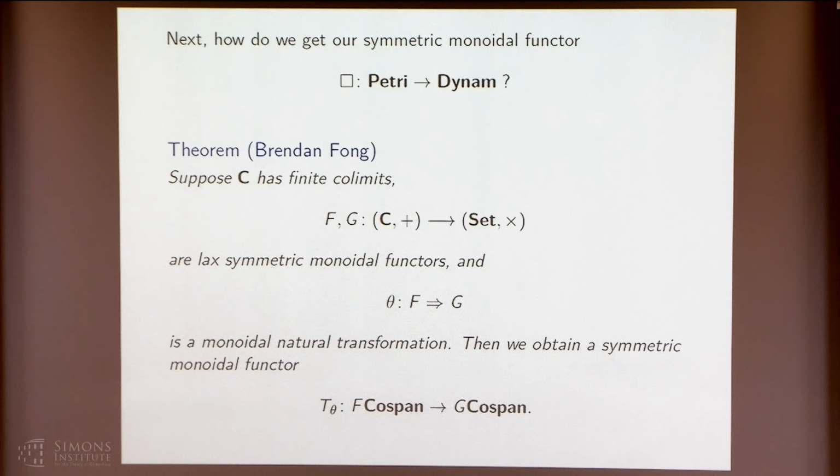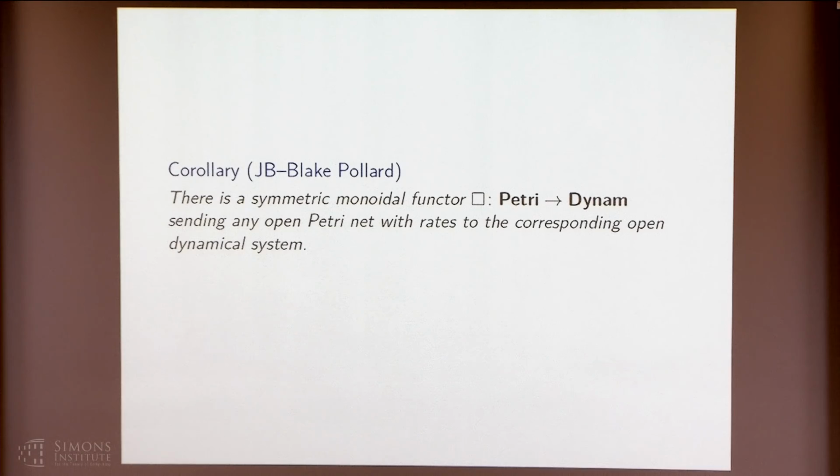But it takes work to prove it. But once you prove it, then you get all sorts of things without further pain. So what Blake and I wanted was this symmetric monoidal functor from Petri nets to their dynamics. And so that just follows as one of millions of corollaries of Brendan's general result.